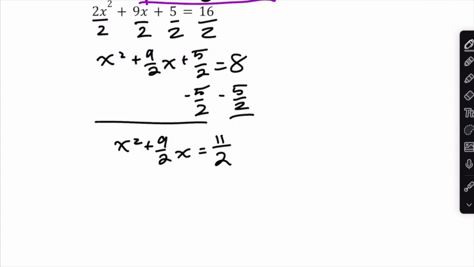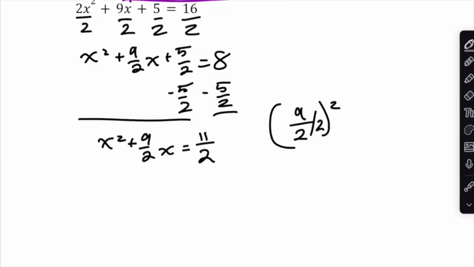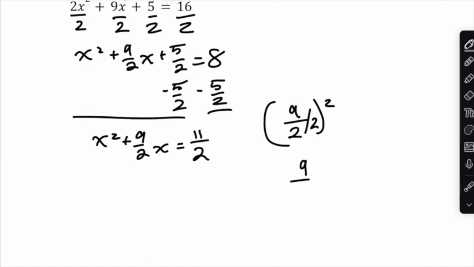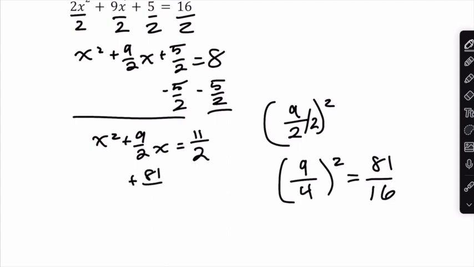All right, so now we have to add our 9 halves squared, 9 halves divided by 2 squared. So we're going to have 9/4 squared, and that is going to give you an 81 over 16. And we are going to add this to both sides. So add 81 over 16 plus 81 over 16, both sides.